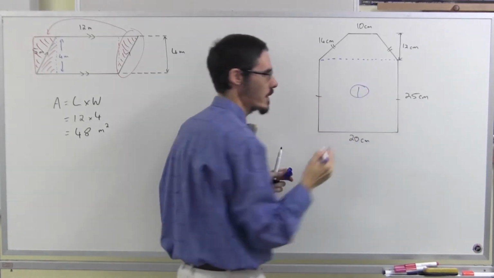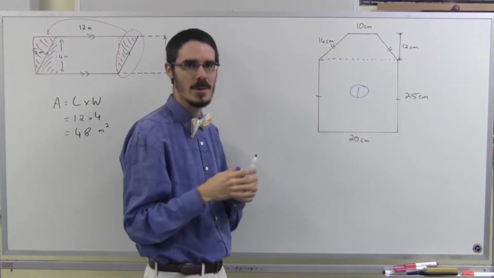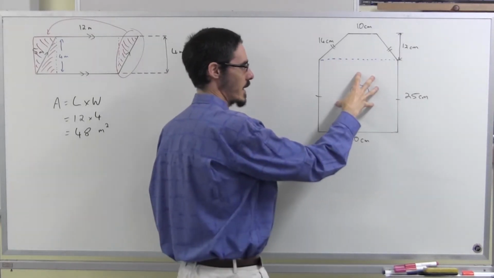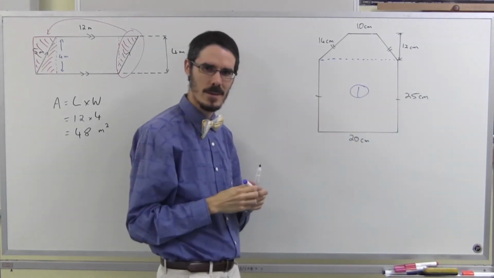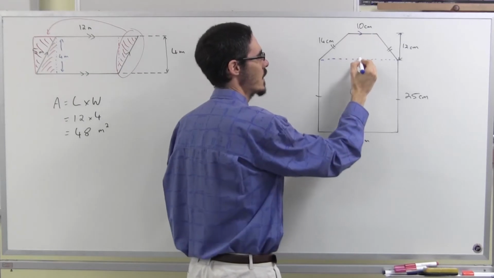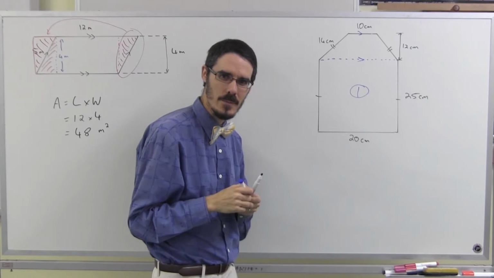Let's call that 1. Notice the way I'm going to start labelling what I'm doing so it's easy to understand. That's rectangle number 1. What shape is this one? It's actually got a pair of parallel sides. That makes it a trapezium.